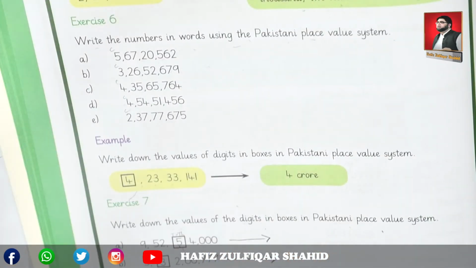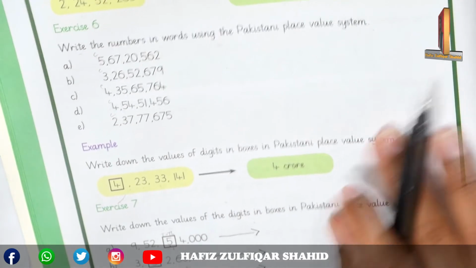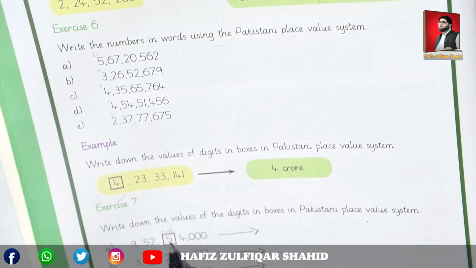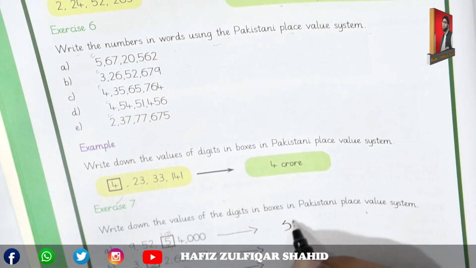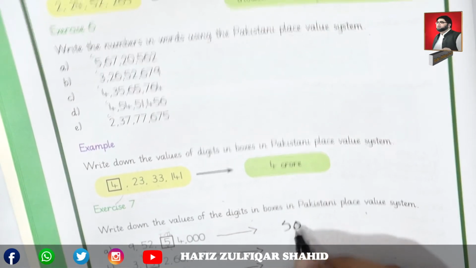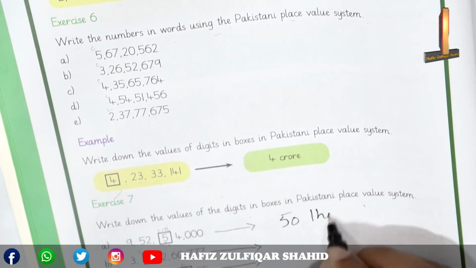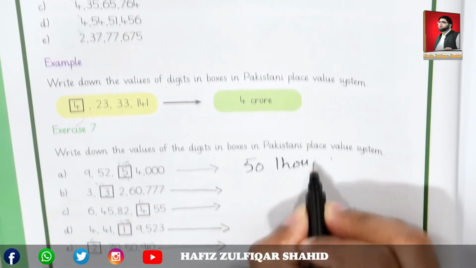So we can see 5 is at the 5th place, 10,000, it means it is 50,000.